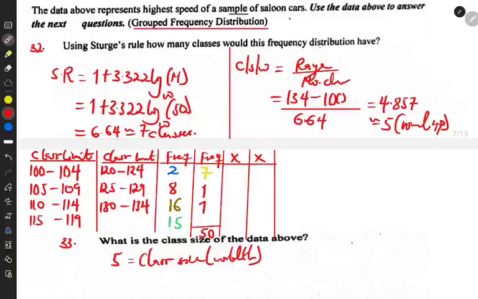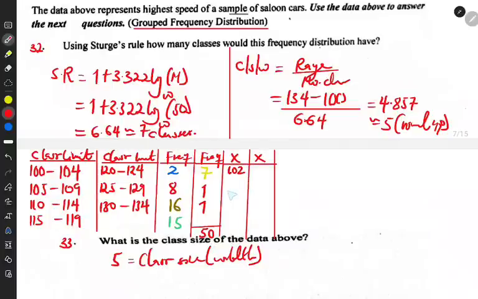To find the midpoint is to add the lower class limit plus the upper class limit, divided by 2, for all the classes. So we add 100 plus 104, we divide by 2. 105 plus 109, we divide by 2, till we exhaust the list. So the first x value, being the midpoint, is 102.